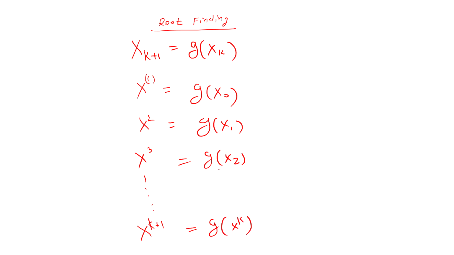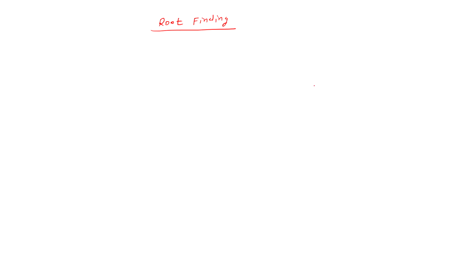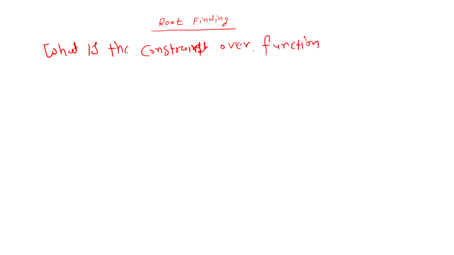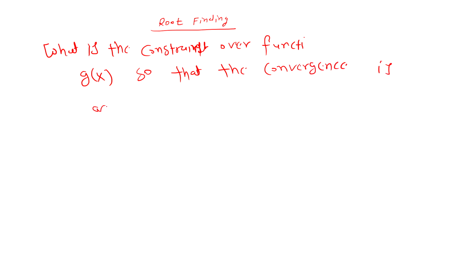So that's what the recursive formula says. Now let us try to understand what is the constraint over function g of x so that the convergence is achieved.